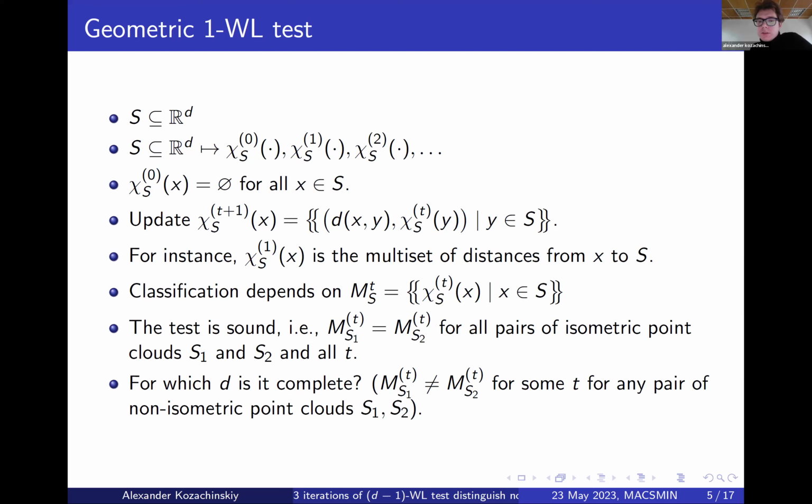So for instance, after the first iteration, chi1 of x will be the multiset of distances from x to the points of S. In a multiset, if they are the same distances, we count them, we remember their multiplicities.